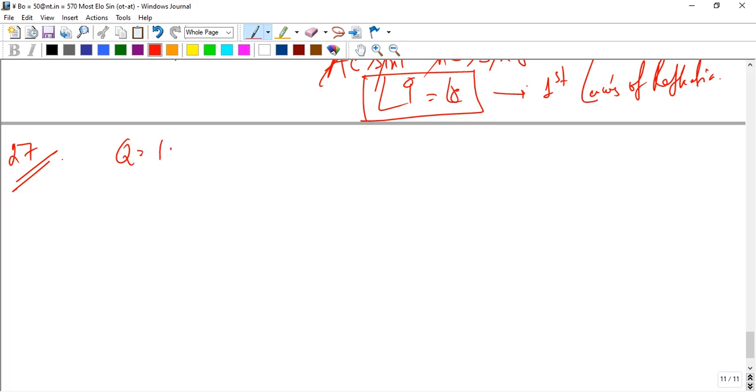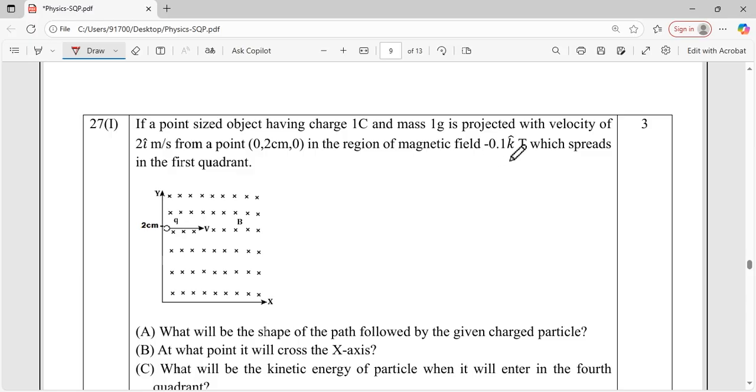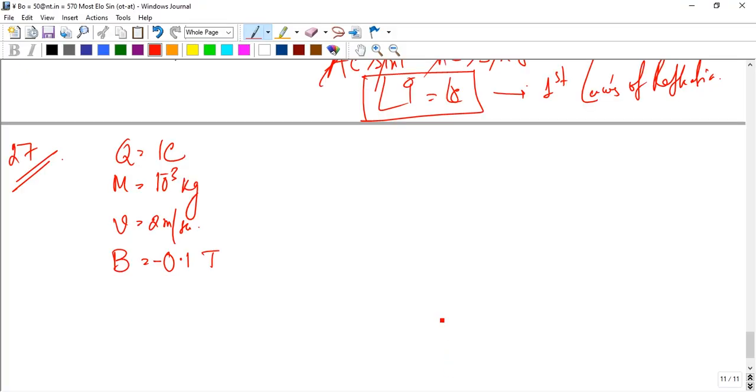So Q equals 1 coulomb, mass equals 10 to the power minus 3 kg, velocity is 2 meter per second, and magnetic field B equals minus 0.1 Tesla k cap, a vector field.